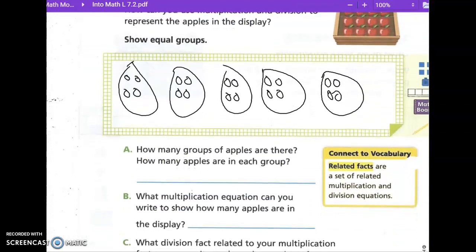Okay, so then the first question is, how many groups of apples are there? How many circles did we draw? 5. So there are 5 groups of apples.